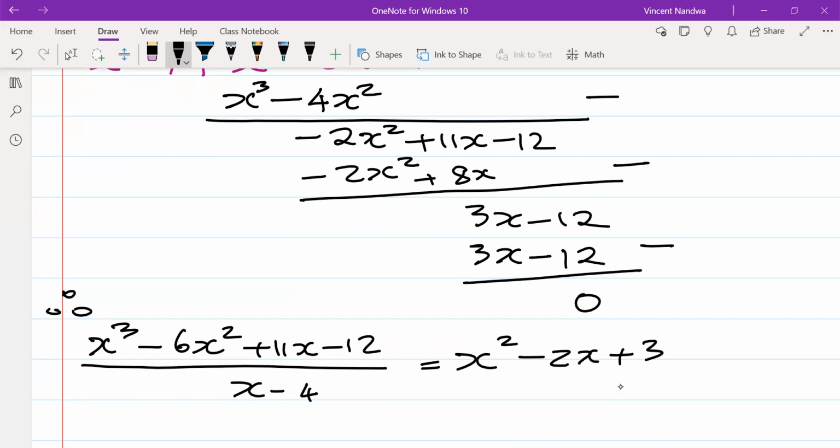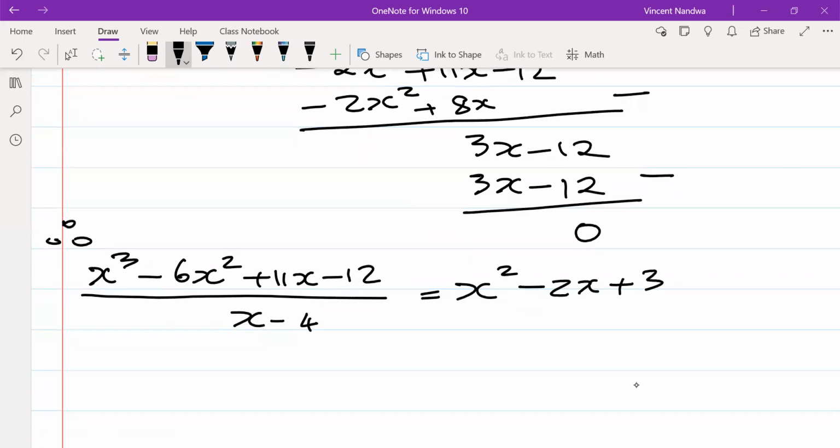The remainder is 0. So what do we conclude from this? We conclude that yes, x minus 4 is a factor of the given polynomial.